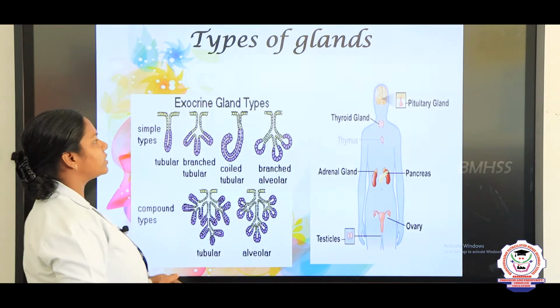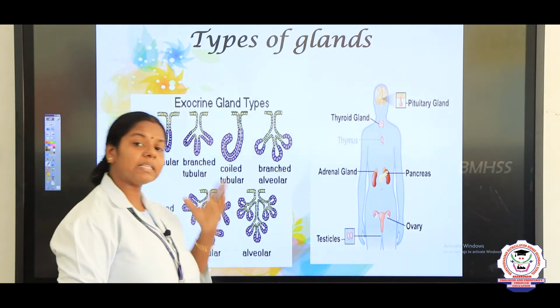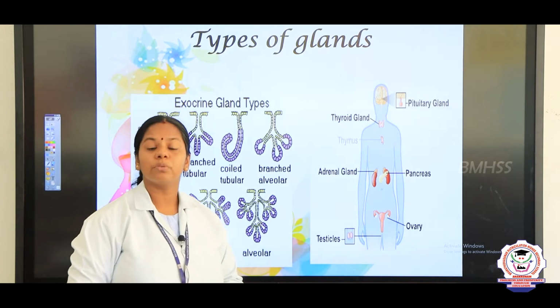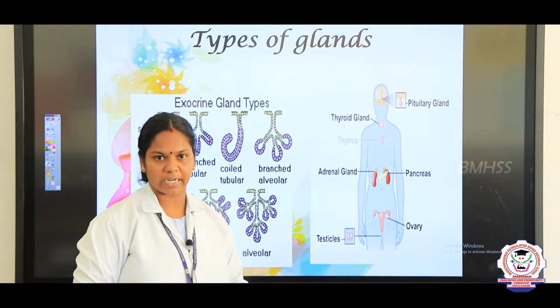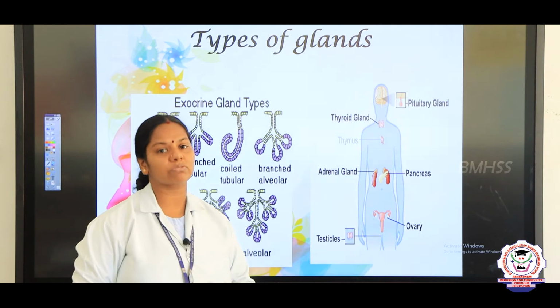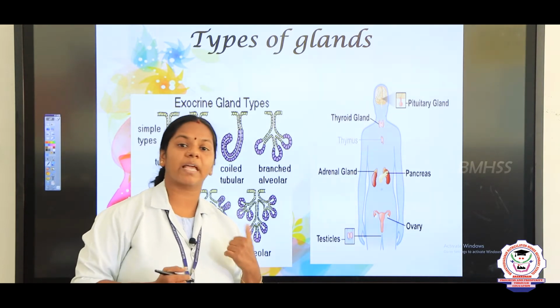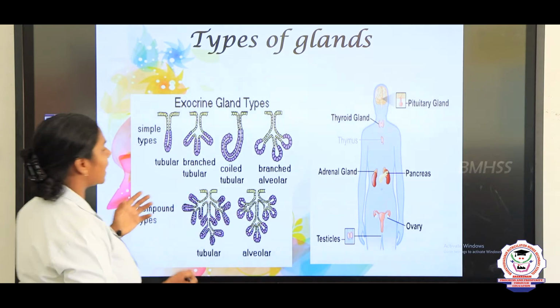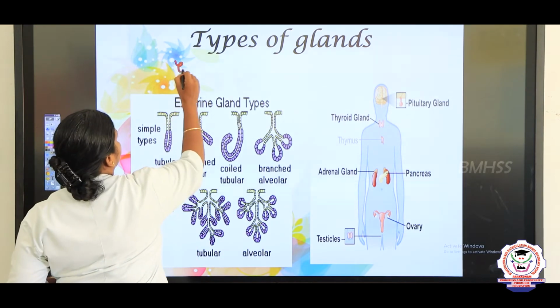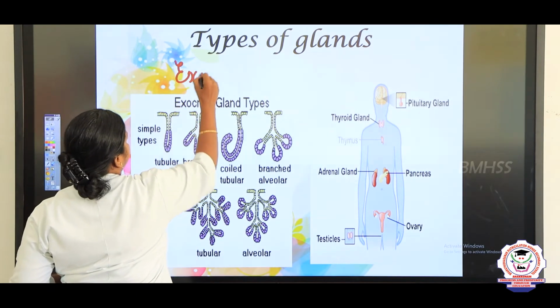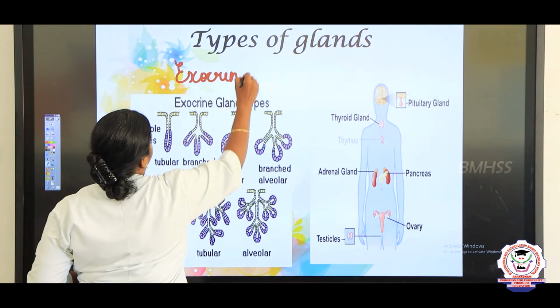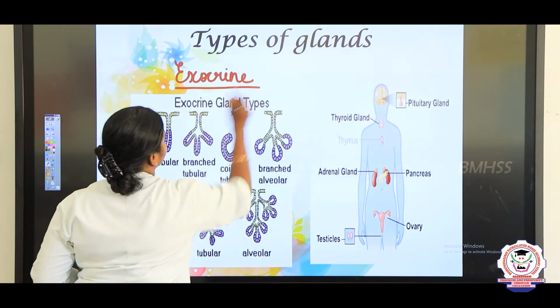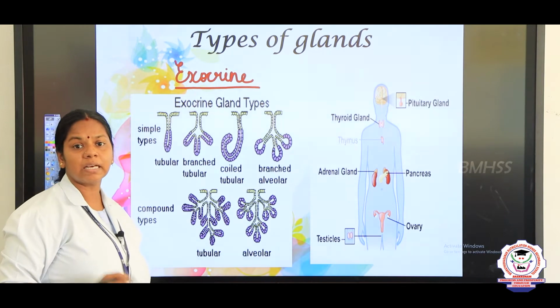And next we are going to study another type of glandular tissue based on their secretions. There are 2 types of glands in our body, children. One is exocrine and another one is endocrine. For exocrine gland, the best example is what?